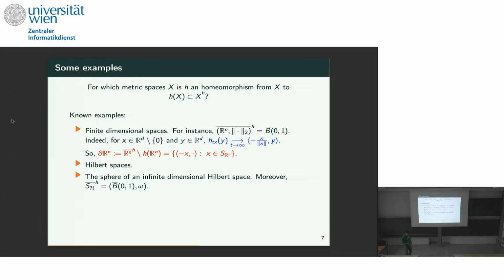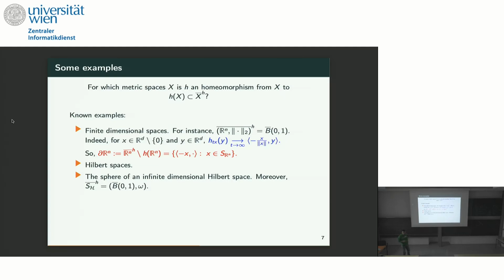Whenever we take a point which is not zero and send it to infinity along a ray, what we get is actually minus the unit vector corresponding to x. And so we can define what is called the horofunction boundary, which are all the functions that we create which are not the distance functions given by our map H, and here they are just the linear maps.